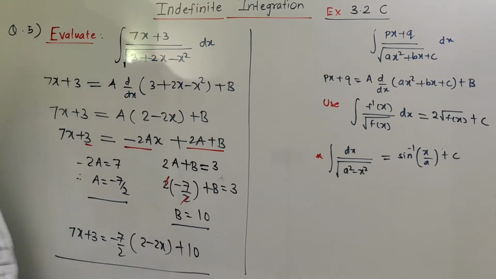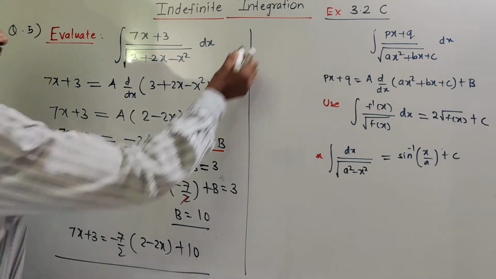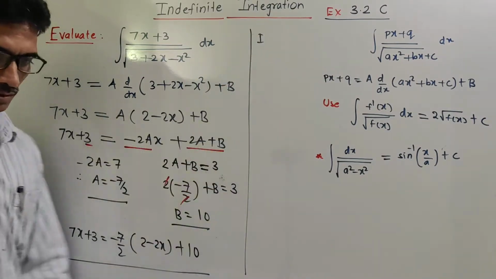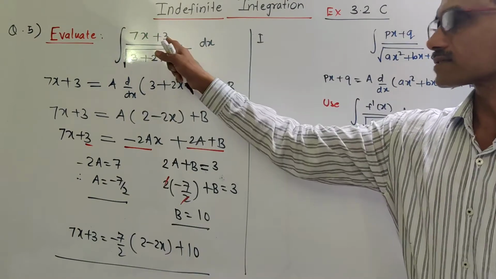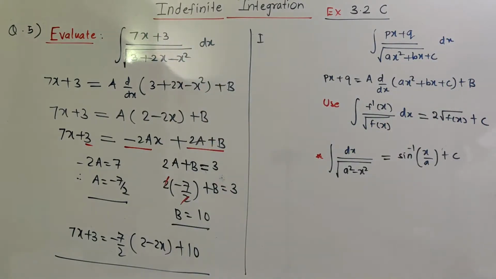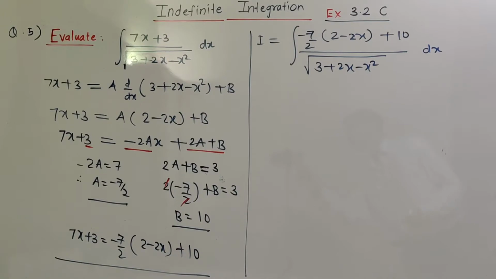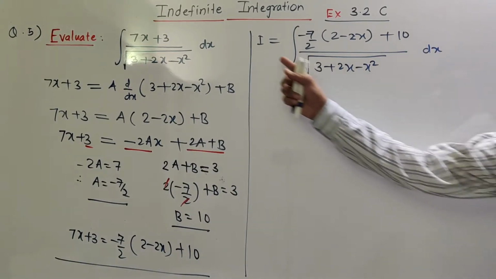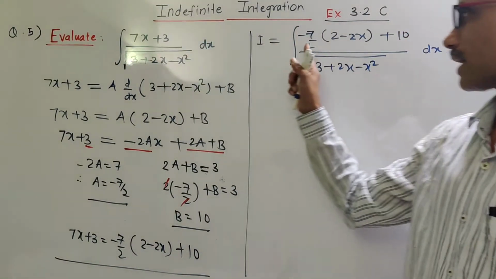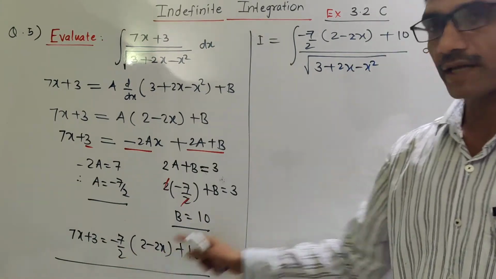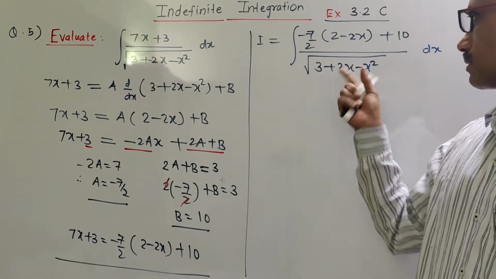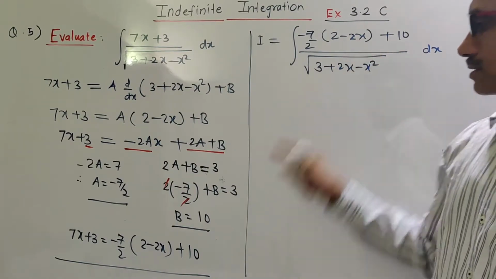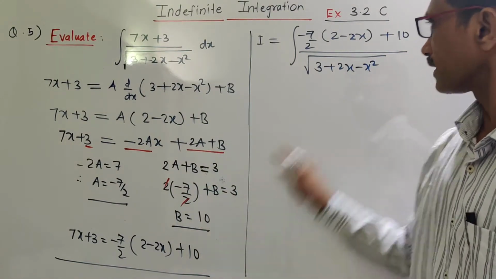Now the integral I is equal to, in place of 7x plus 3 we write minus 7 by 2 into (2 minus 2x), which is the derivative of this, plus 10.